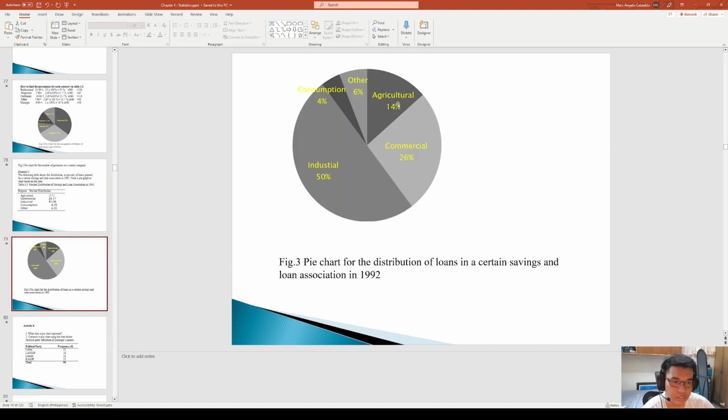So that would give you this one, 50% is industrial, so half of the pie should go to industrial. And note, we use different colors on the pie chart to indicate graphically that the slices are different.